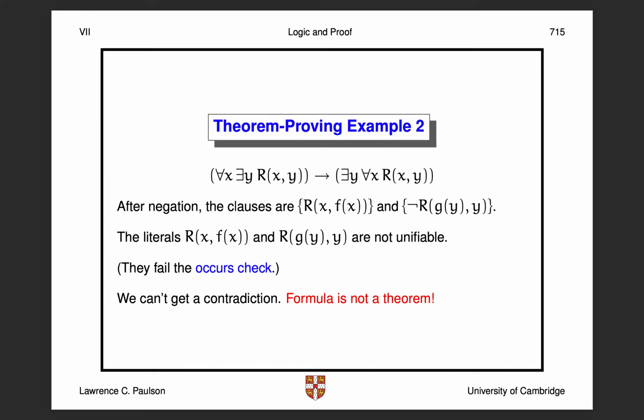Now, this example looks very similar to the previous one, but it's not a theorem, and we can see why. So if we look at this case, again, if R means loves, think of everybody loves somebody, is what this says. This could be, for example, everybody loves their mother. Fine.